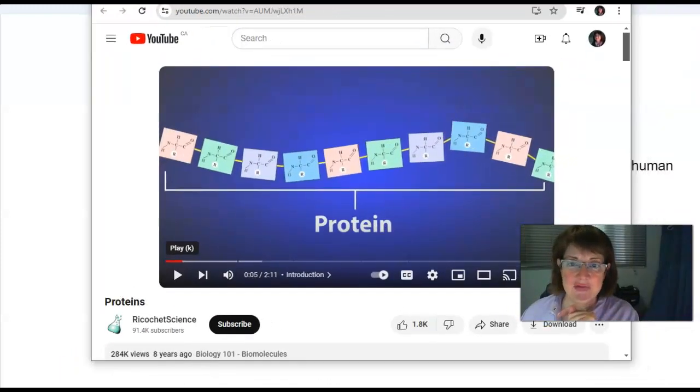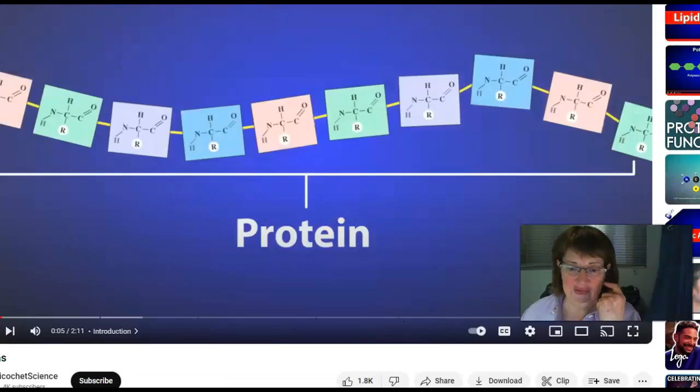So when I refer to the video that we were looking at earlier, we see that proteins are made up of small, almost like beads on a string.